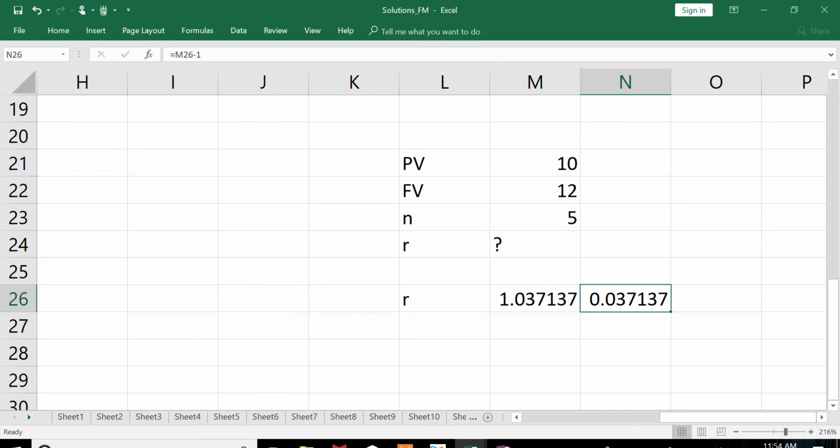You will not be in a position to do it in the calculator. You will have to take the time value of money tables and do it. So R is 3.71% approximated to 4% growth. Now it's a problem where there is going to be a constant growth of 4%.